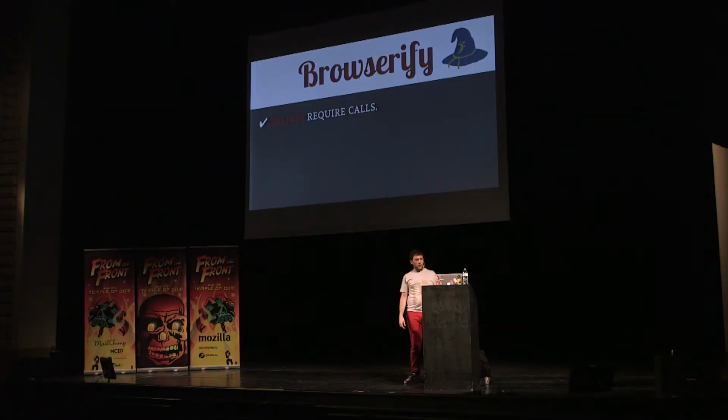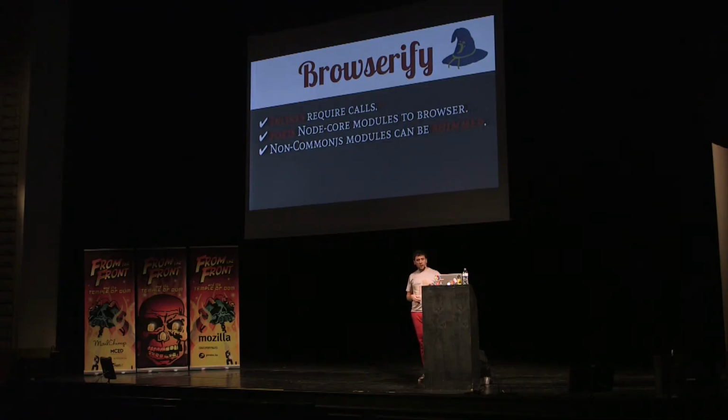So that's where Browserify comes in. Browserify inlines require calls, meaning that it'll compile the pointers to those files, load every module once, figure it out for you, and then bundle everything together.